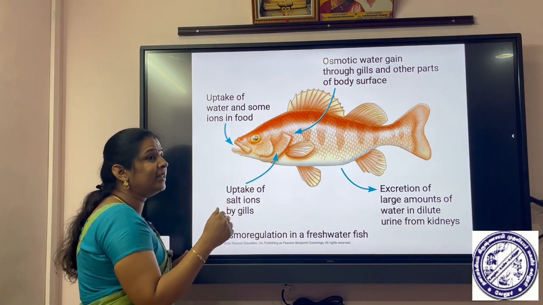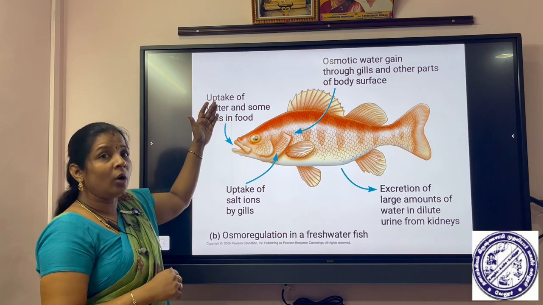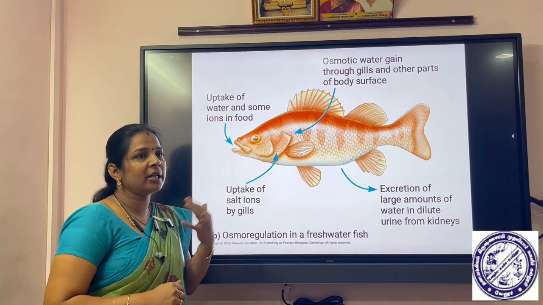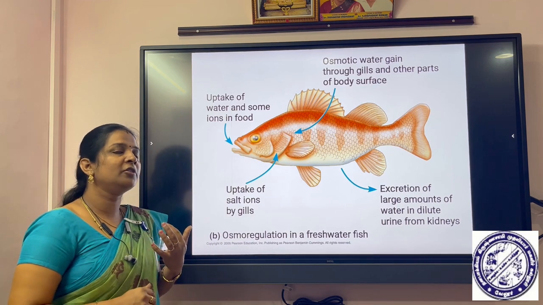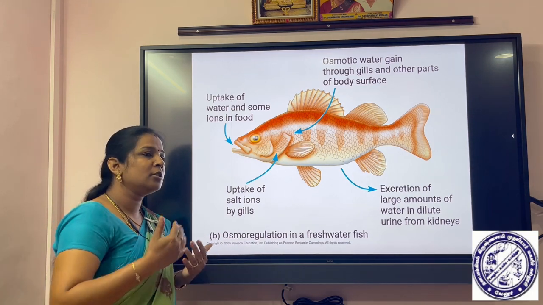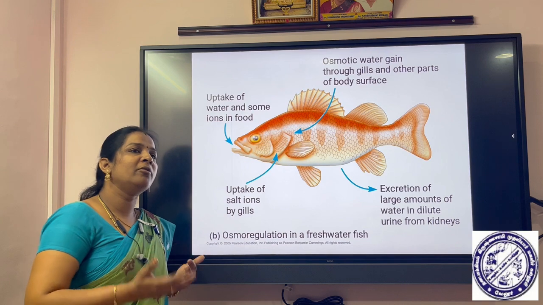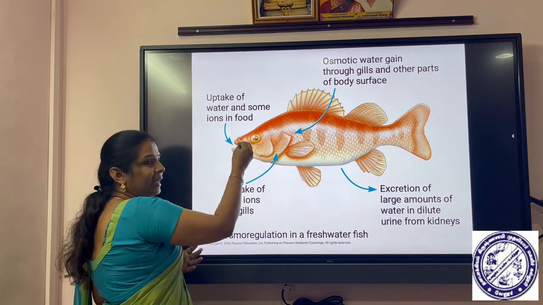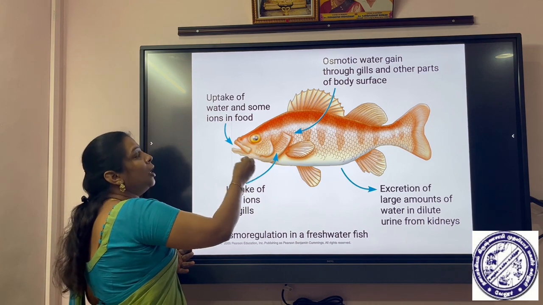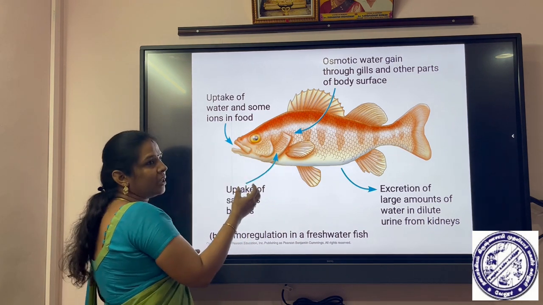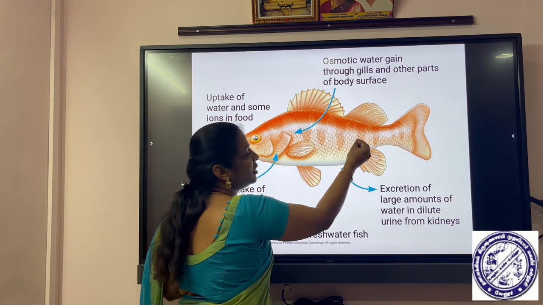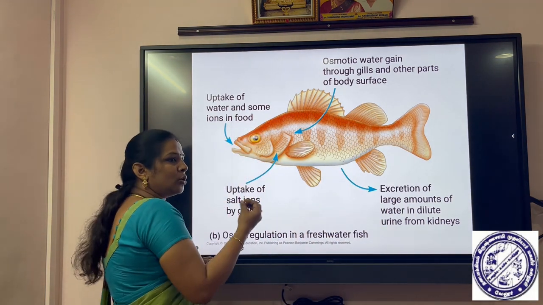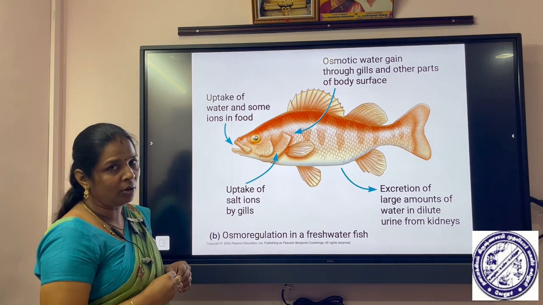In order to avoid that, it will not drink the fresh water, because if the fish drinks a large quantity of fresh water, the hydration of the animal will be even higher. So it will not drink the fresh water. It has to eliminate dilute urine, so a small quantity of salt is also lost.